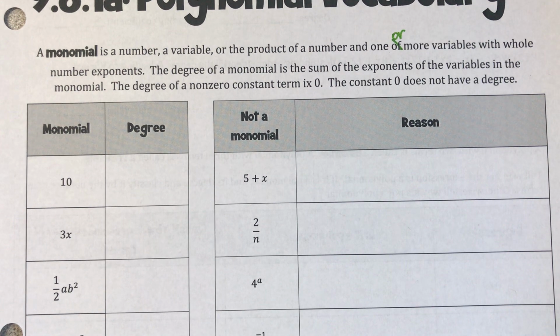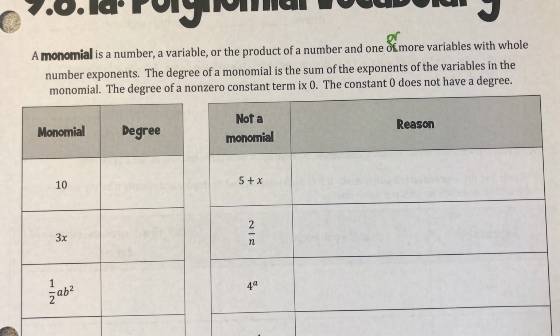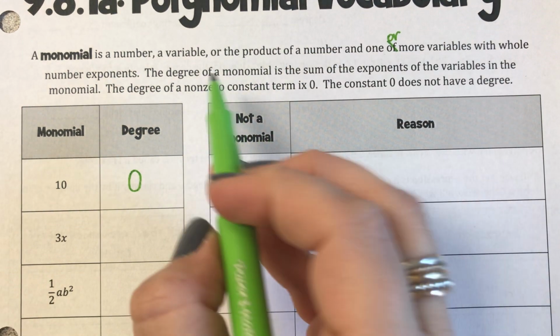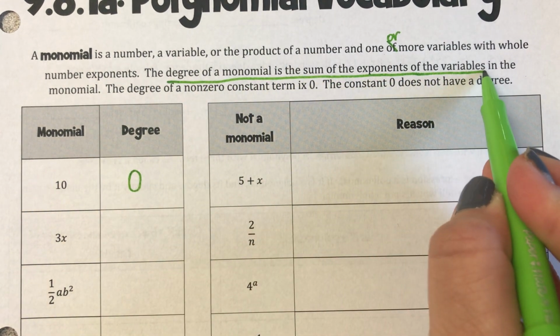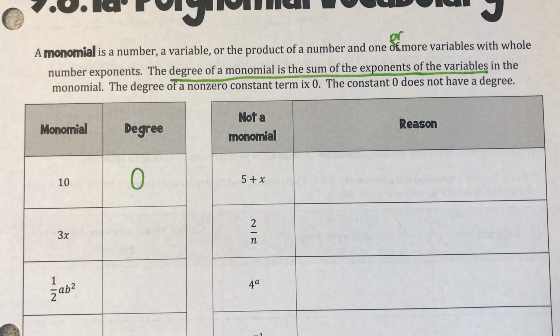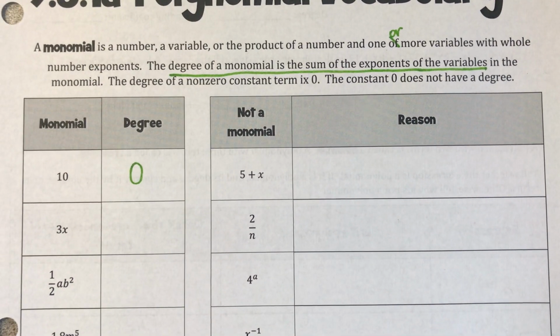So let's talk about, first of all, what is a monomial, right? It could be a number. The number 10 is a monomial. And its degree would be 0 because the degree of a monomial is the sum of the exponents of the variables. Does this have any variables? No. So it has a degree of 0.